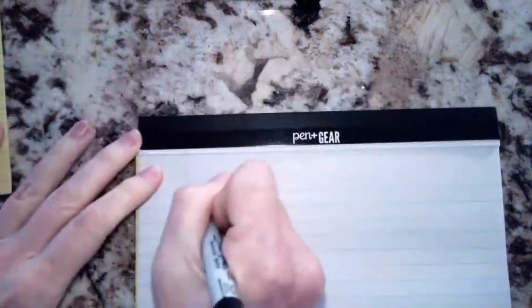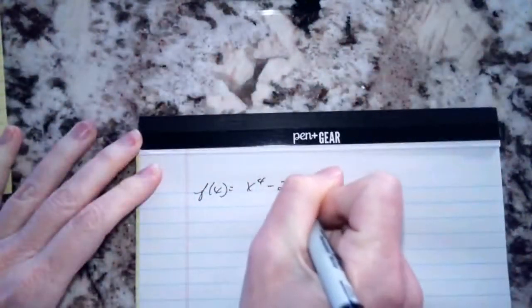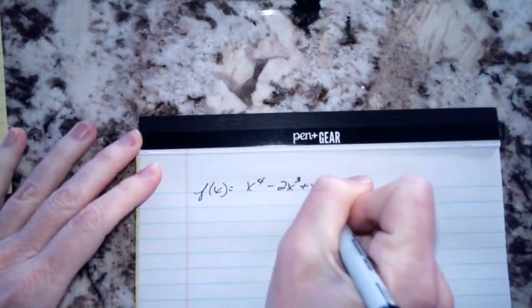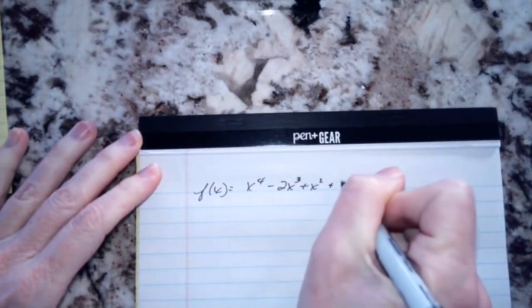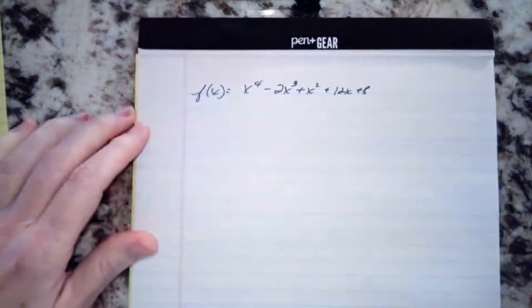I'm going to do another version of number 16 just for folks that need another repetition of it. So I'll give you that problem. Say we've got f of x equals x to the fourth, minus 2x cubed, plus x squared, plus 12x, plus 8.